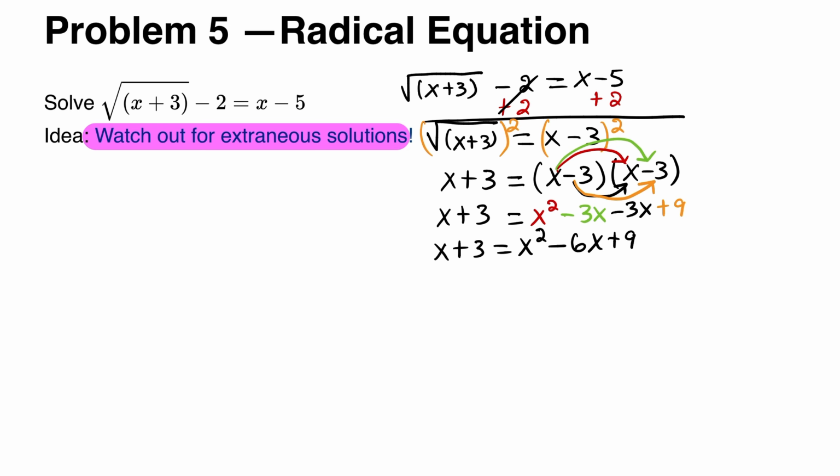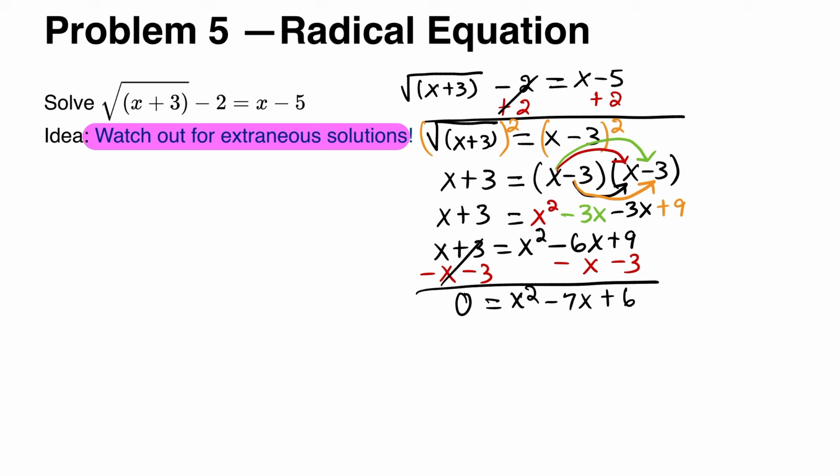We can do that by subtracting x plus 3 from both sides, but I will go ahead and do that one at a time. So negative x, negative x, negative 3, negative 3. Okay, notice on the left-hand side, we are down to 0. 0 equals, combine like terms, x squared minus 7x plus 6.